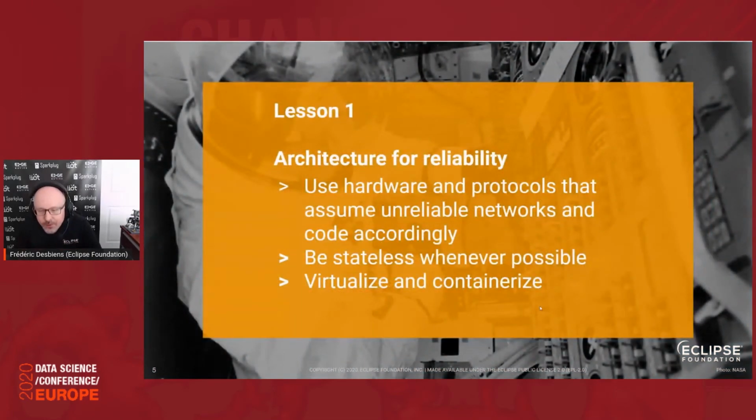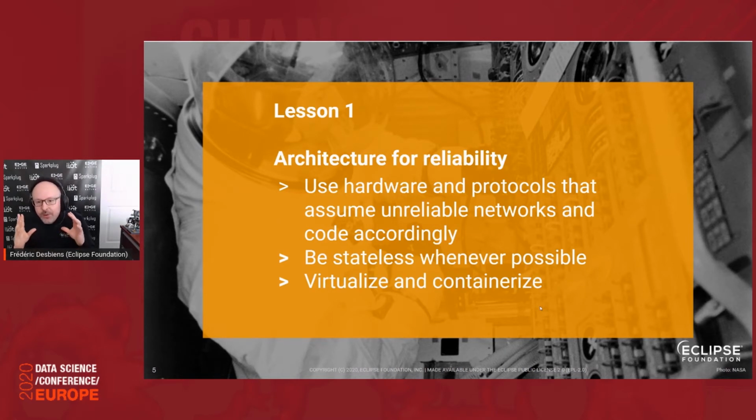So what can we learn today from the design of the Apollo guidance computer in terms of edge computing? Well, the main lesson there is architecture for reliability from the ground up. If you are about to deploy an edge computing solution in an oil and gas refinery, or on a warplane that would be deployed alongside other equipment in the sky, or whatever, you need to think about those things straight from the requirements collection phase, okay?